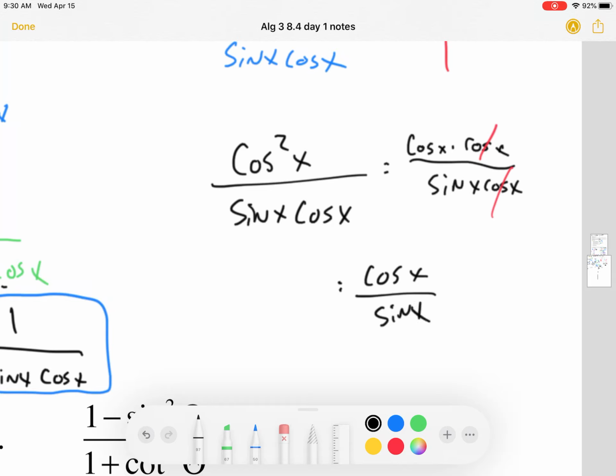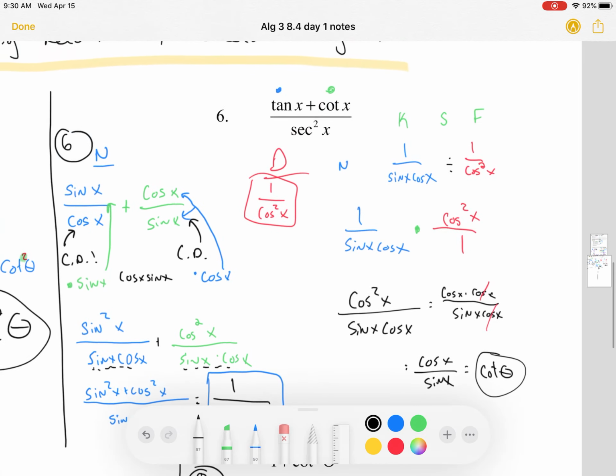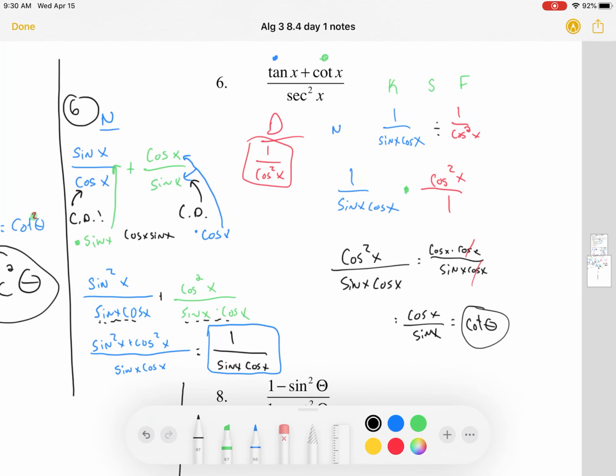Cosine of x over sine of x. Excuse me, cosine over sine, my bad. Cosine over sine, under your reciprocal relationships, that is cotangent of theta. This whole thing reduces down to cotangent of theta.